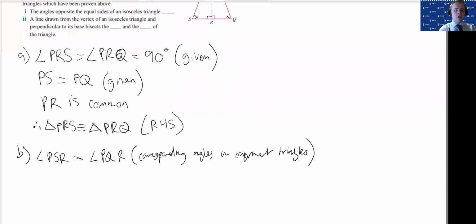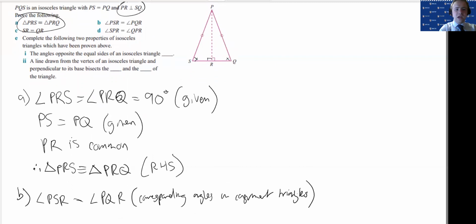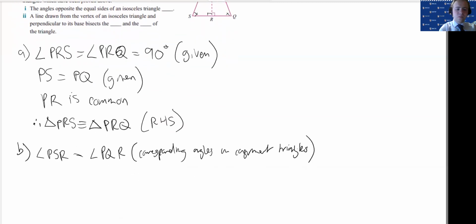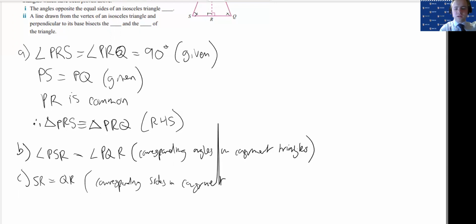In the same way, when we do C, SR equals QR, and the reason is corresponding sides in congruent triangles.